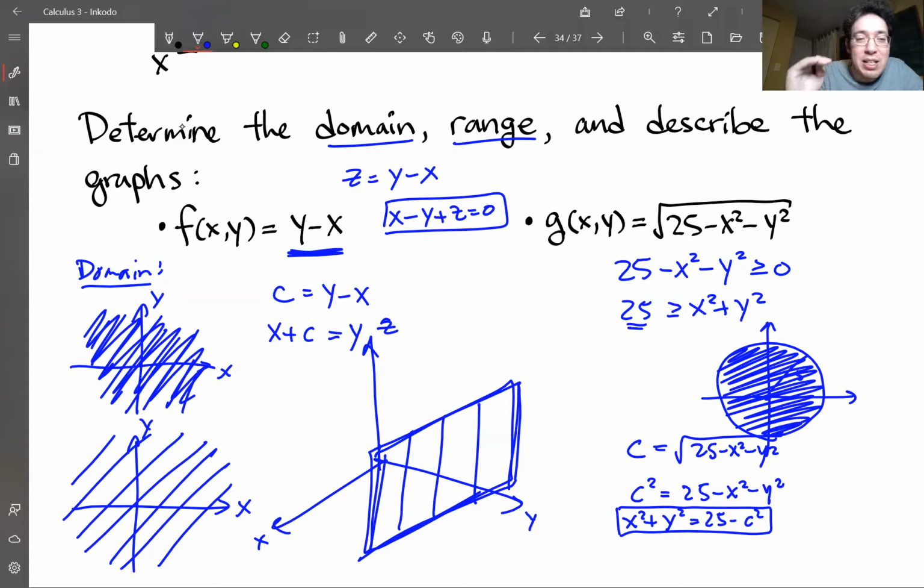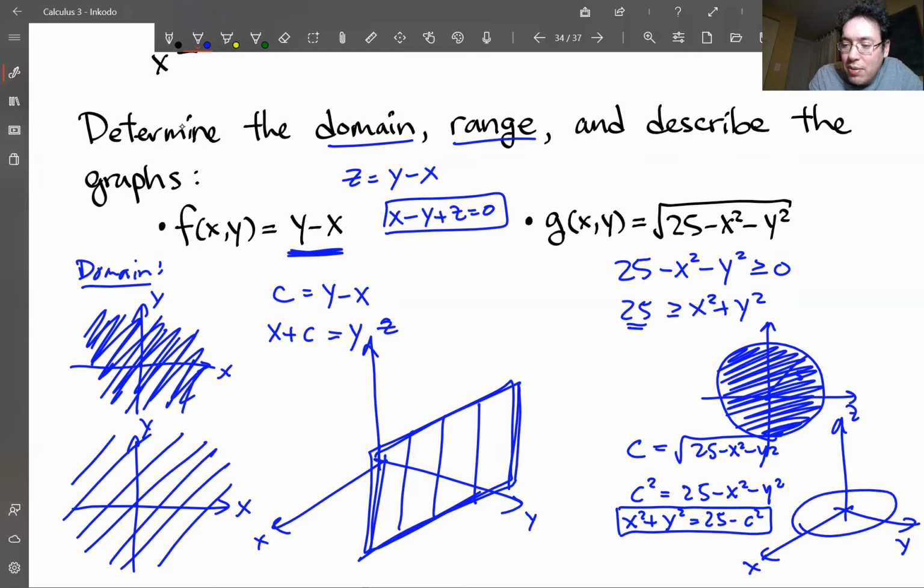So as c gets larger and larger, the radius shrinks. I'm kind of running out of room here. So we have a circle of radius 5 in the xy plane, and the higher it goes, the smaller and smaller the circle radius.